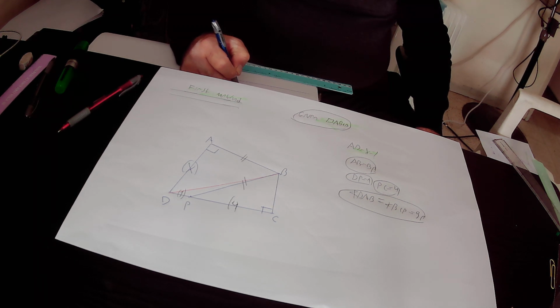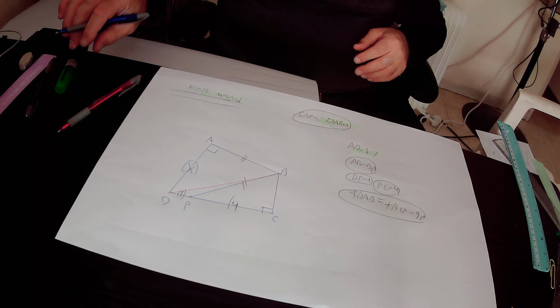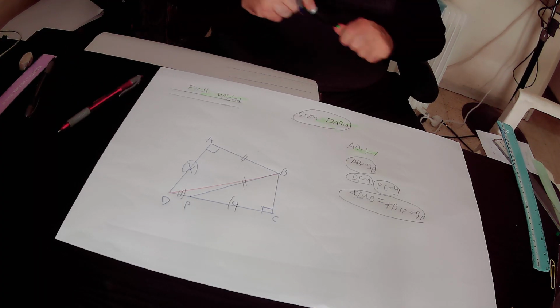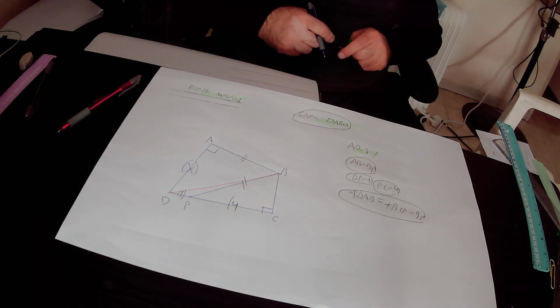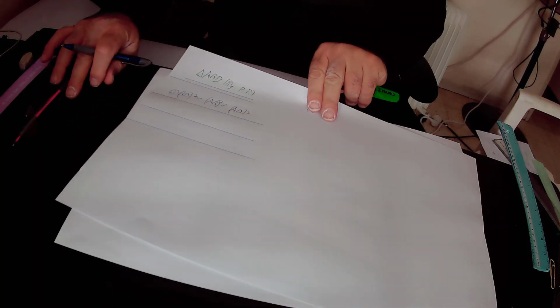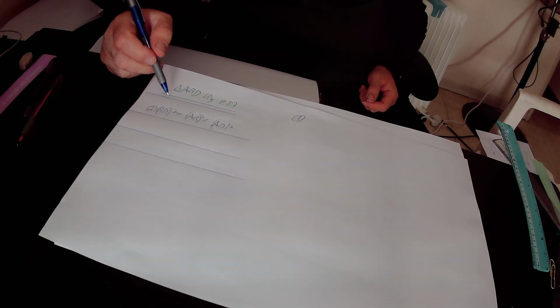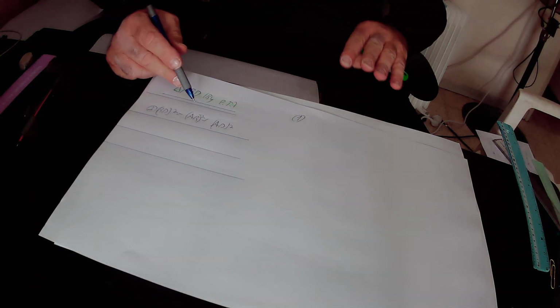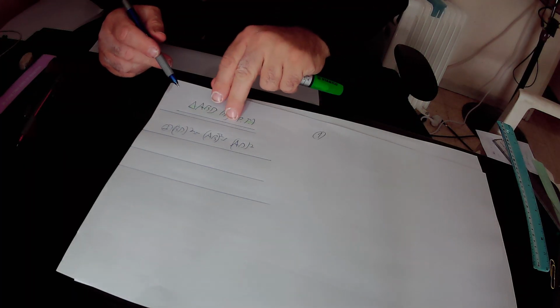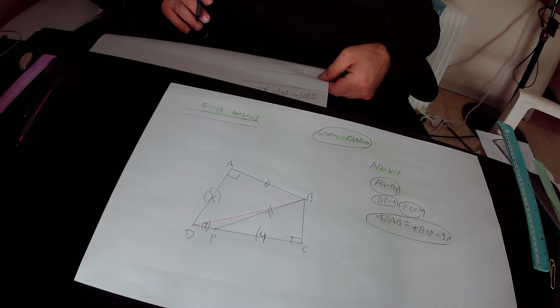Again, in the upper right triangle ABD, according to the Pythagoras theorem, BD square, the square of the hypotenuse, equals AB square plus AD square. BD is the missing hypotenuse, so we leave it as it is.